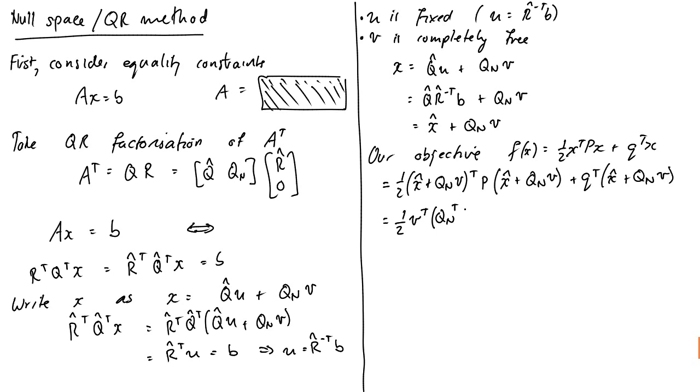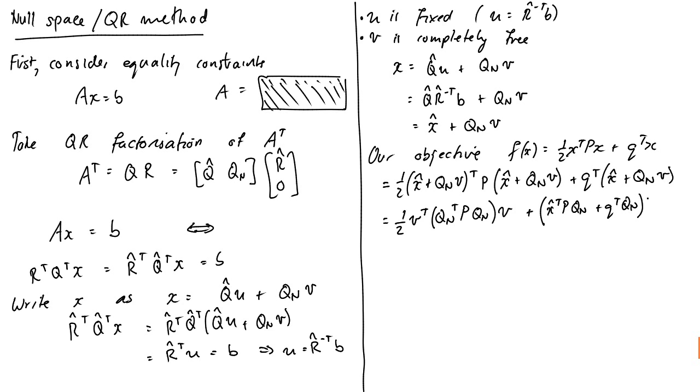That deals with this term here. That's the only quadratic thing in v. Now I'm going to look at the linear part: x hat transpose P Qn plus q transpose Qn.